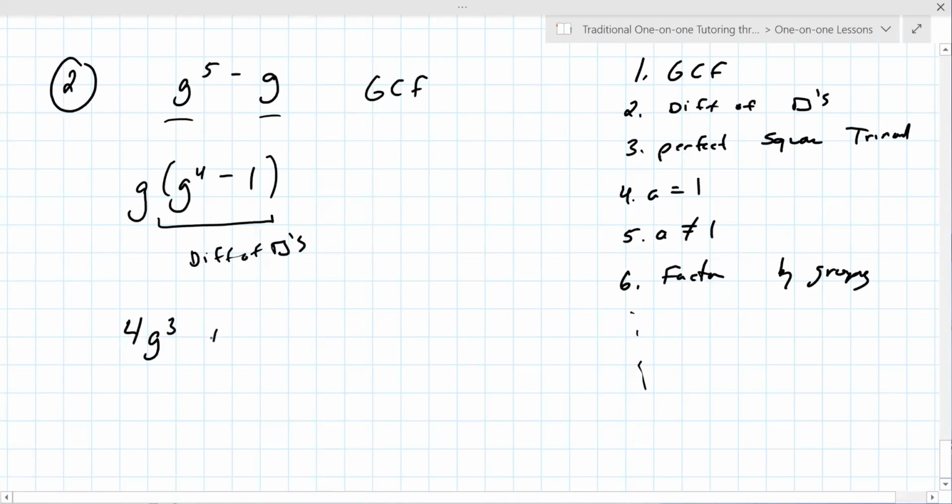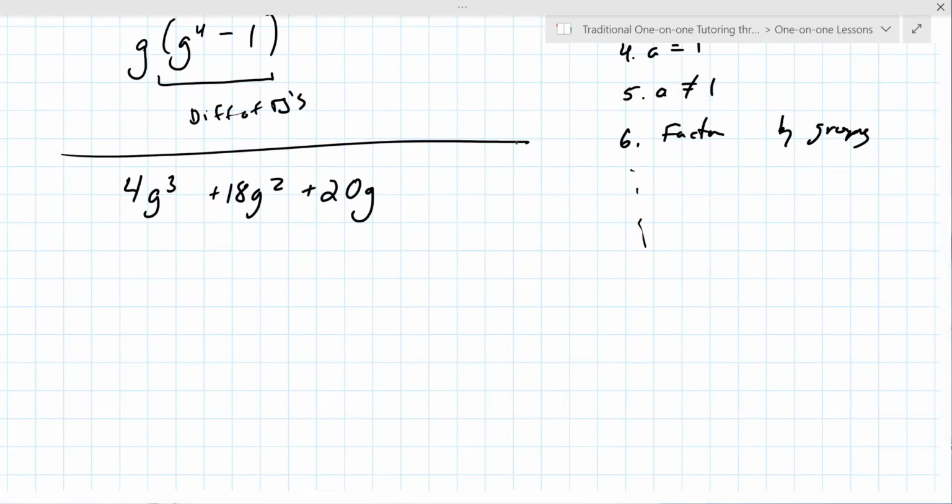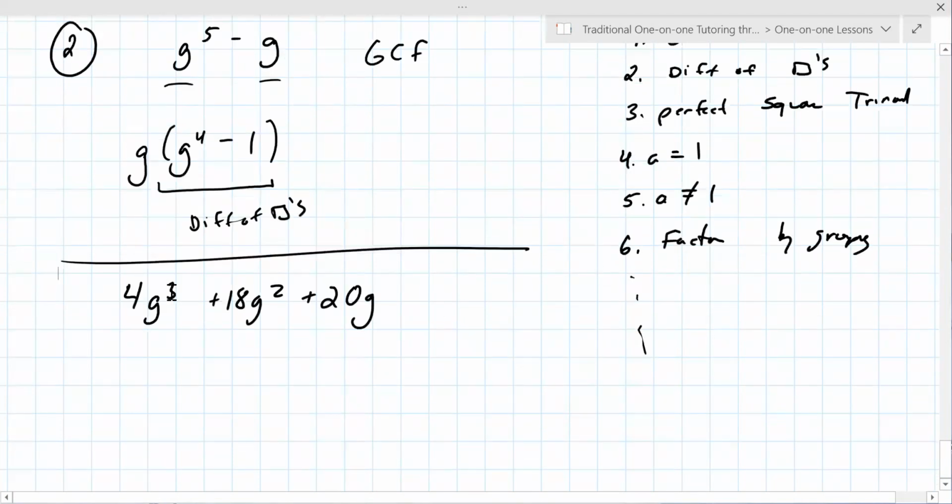4g cubed plus 18g squared plus 20g. Okay, what say you? Does this look like any of the ones that we've done already? Yes, it does. Can you either tell me the name or tell me what you would do to this right here? We would do the GCF.